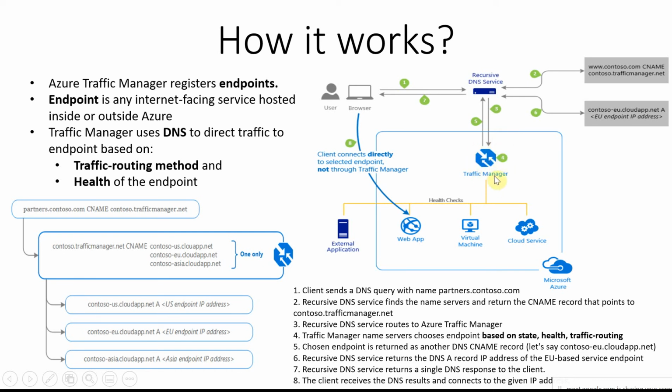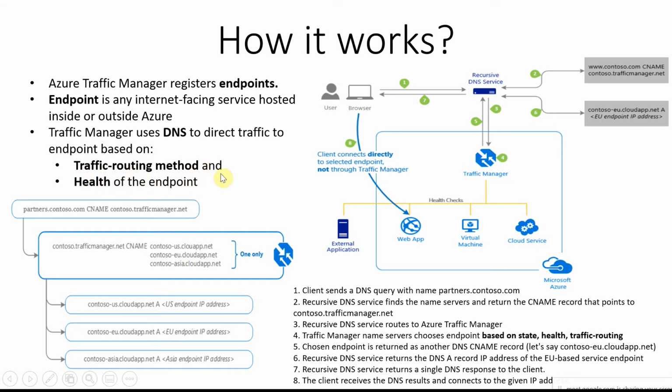It can route across. The resource could be within Azure or outside Azure, or it could be on premise. What it needs to know is just an endpoint. The endpoint can be anywhere, and that is the only prerequisite for traffic manager. And you need to tell it on what basis to route the traffic, which is called the routing method.